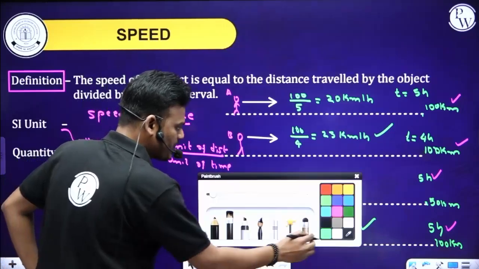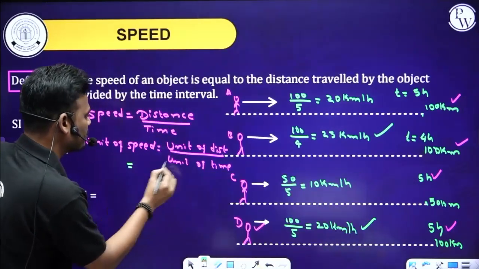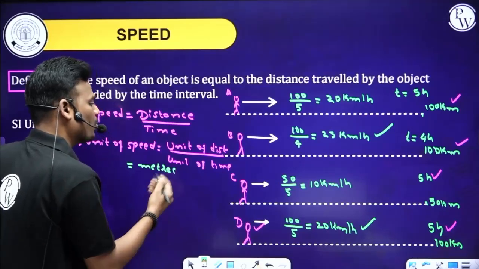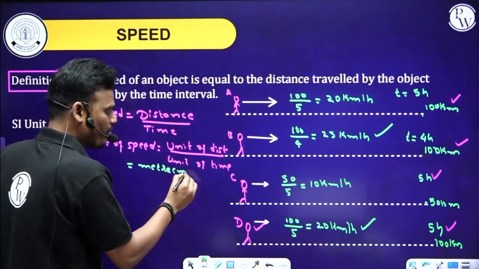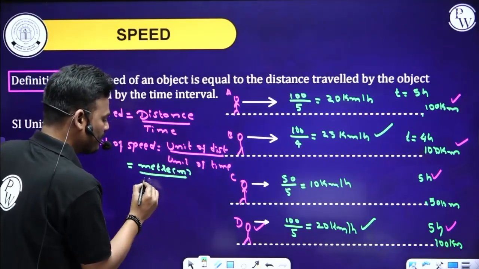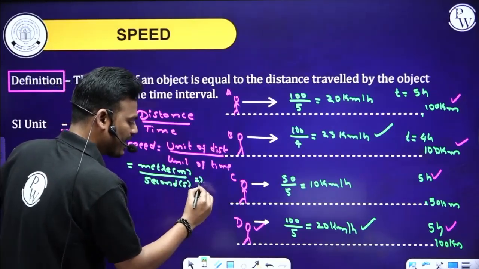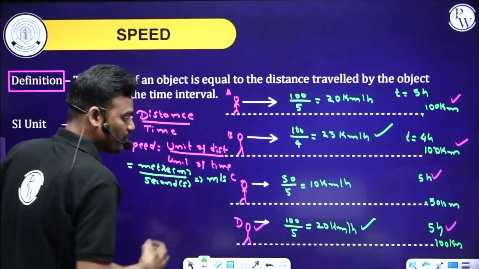And we know that the unit of distance is the meter. Why? Distance is nothing but a length. So meter, and the unit of time is the second. Therefore, you can write in short form, meter per second.